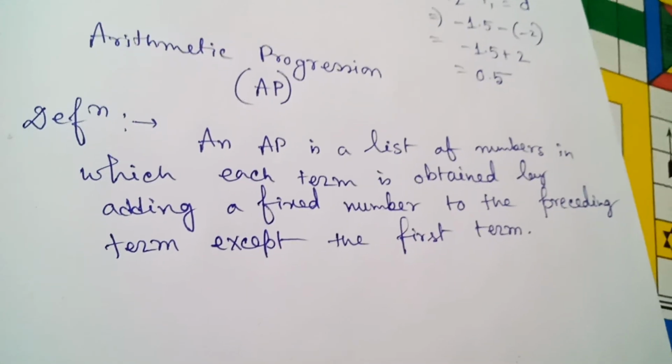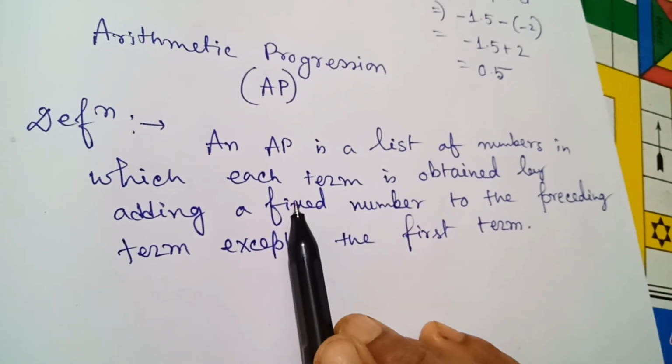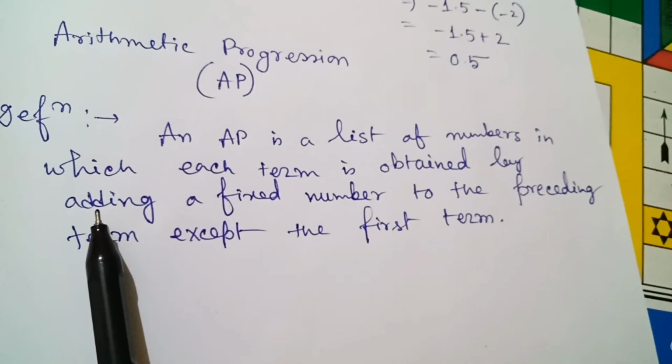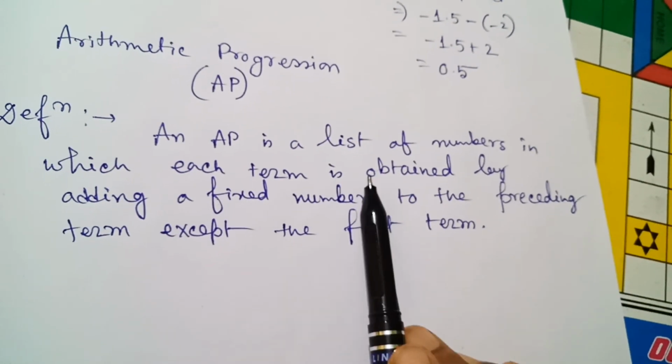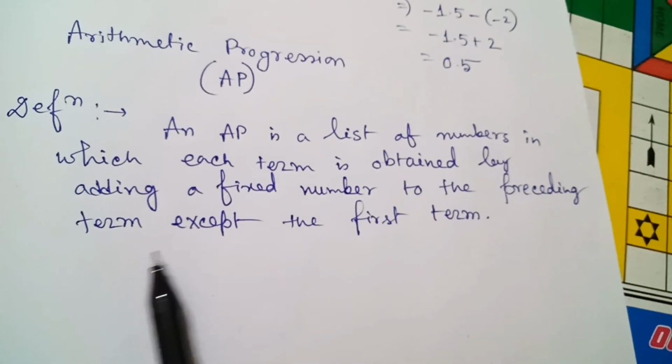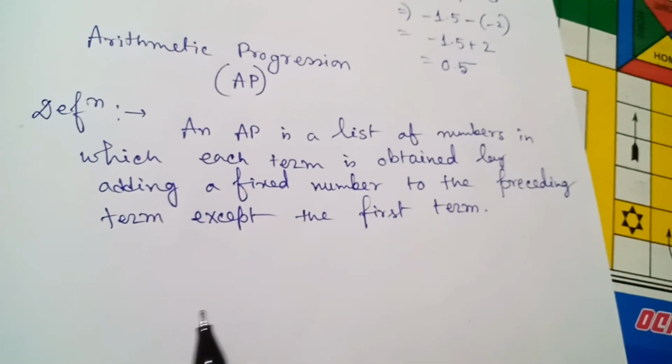Okay, so this is the definition of an AP. An AP is a list of numbers in which each term is obtained by adding a fixed number to the preceding term except the first term.